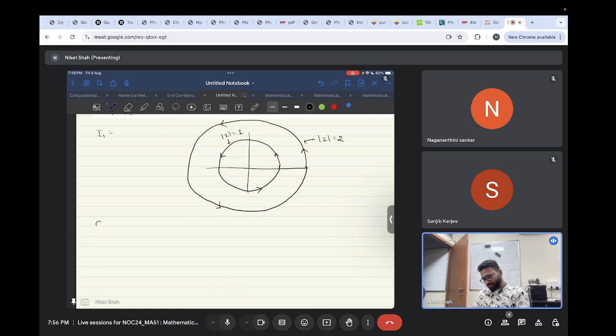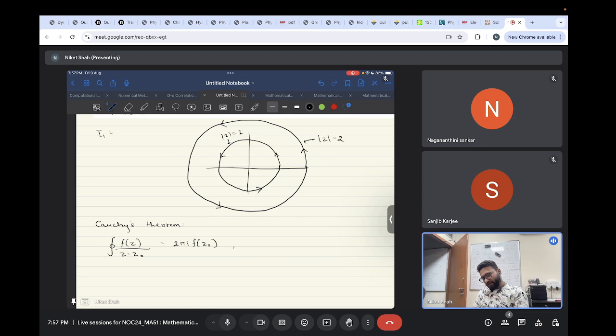So what does Cauchy's theorem say? The cyclic integral of f of z divided by z minus z0 is equal to... no, actually it's 2 pi i f of z0.